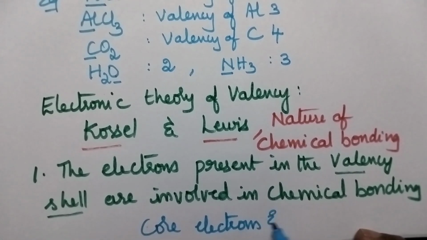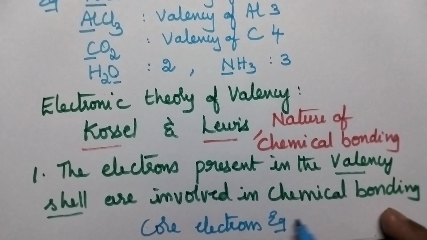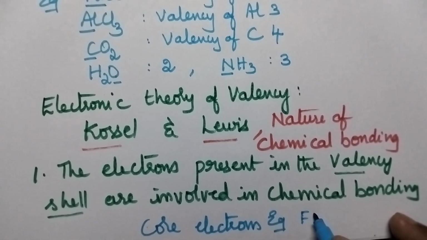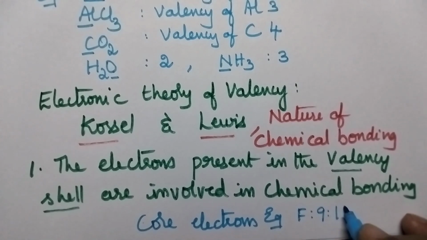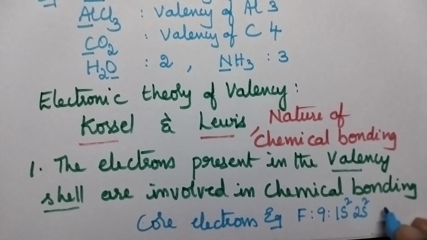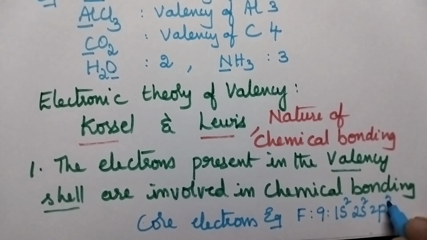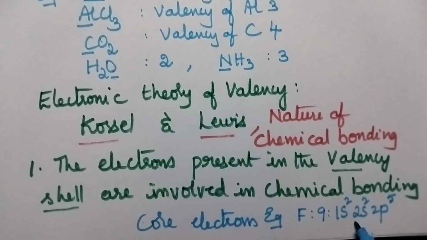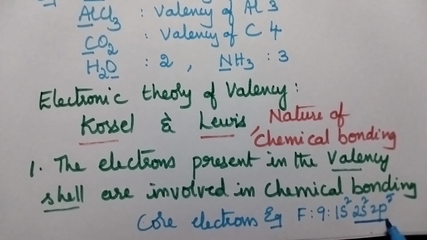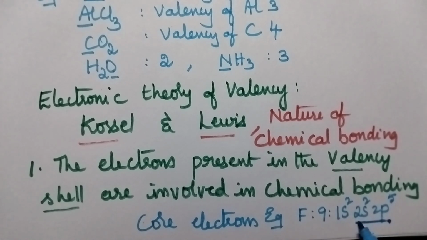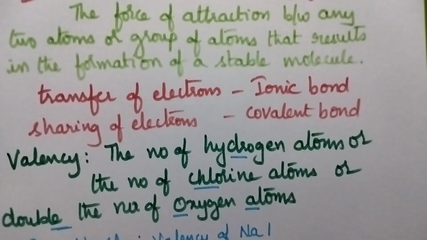So when we consider fluorine, its atomic number is 9 and configuration is 1s2, 2s2, 2p5. The electrons present in the outermost orbit participate in chemical bonding. So these electrons are called valency electrons, whereas the 1s2 electrons are present in the inner shells, and hence they are called core electrons.